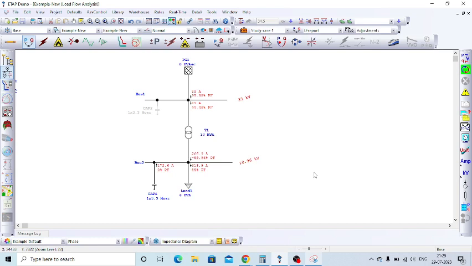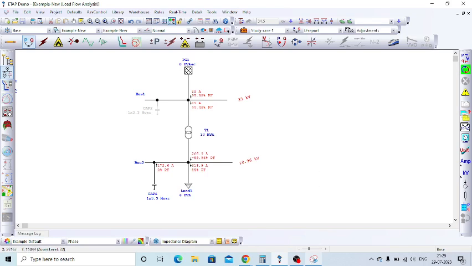Optimization technique means, in a large network, where we have to connect the capacitor bank: whether it is closer to the load, in between the buses, or at the transformer LV bus, by placing the capacitor bank where we can get better results.